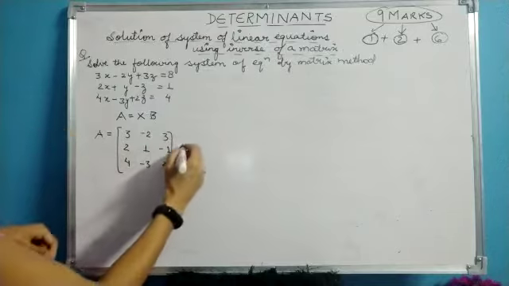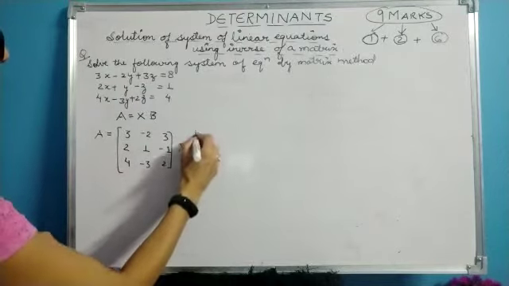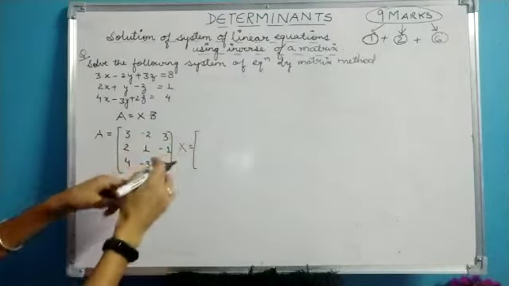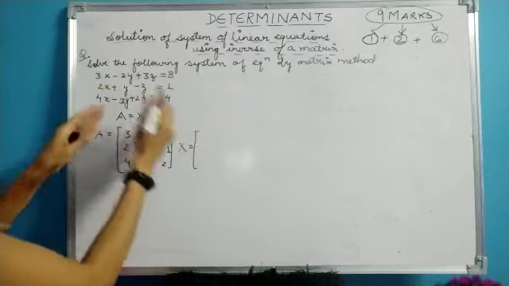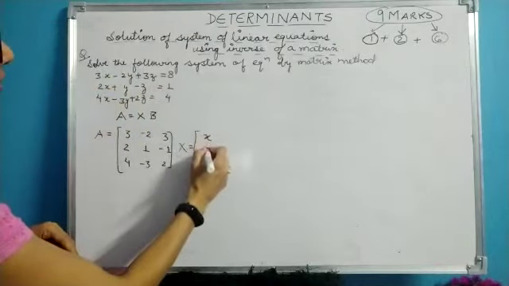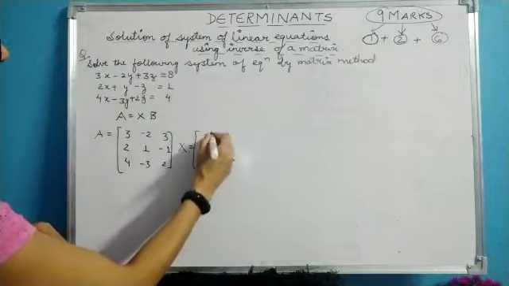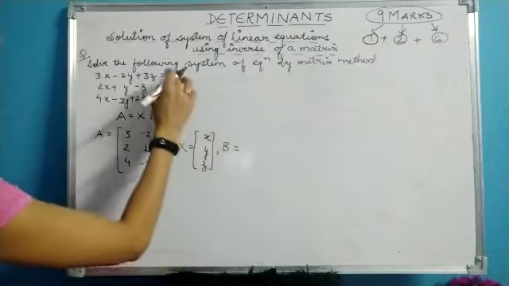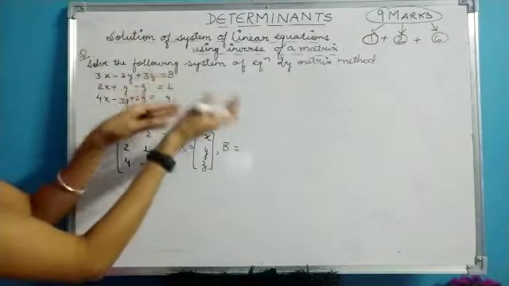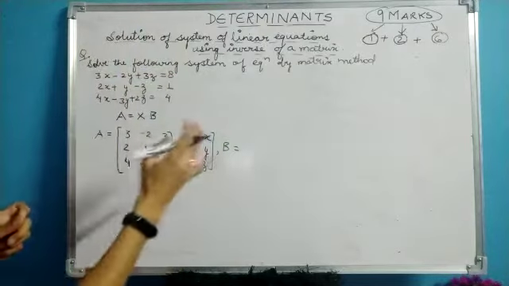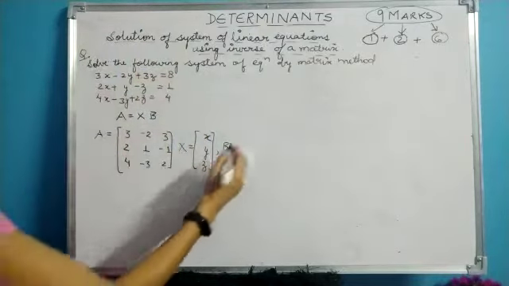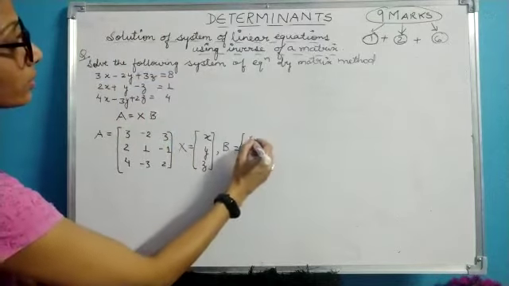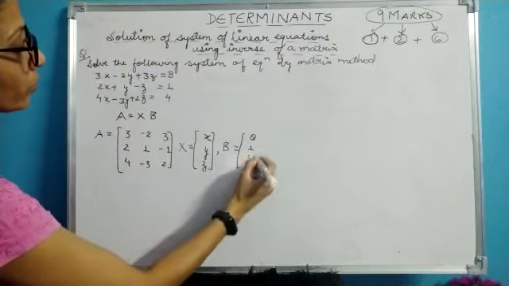Now what is this X? This X is the variables which we are using, x, y, z. And what is this B over here? B are the constant values which are towards the right hand side of your equation. So your B is 8, 1, 4.